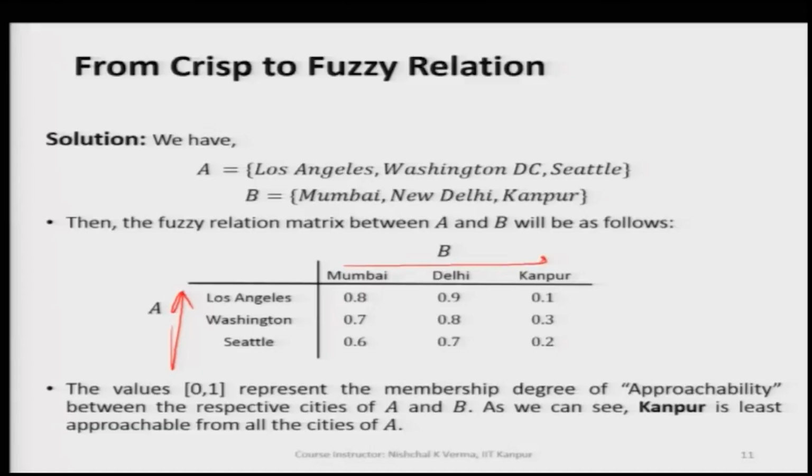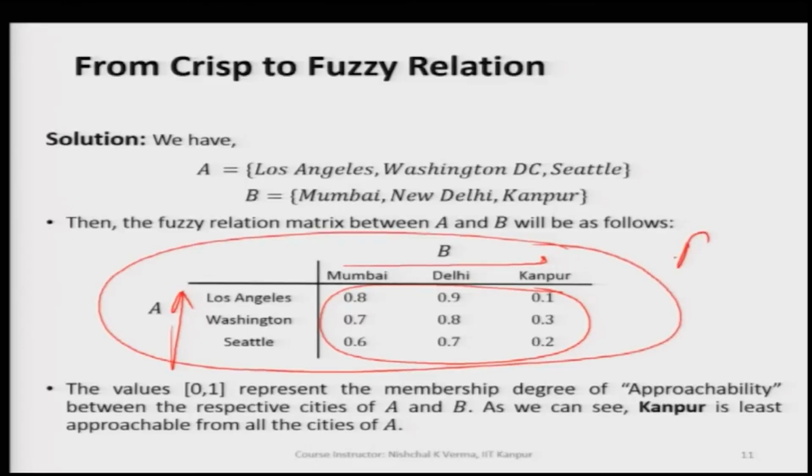The elements here are nothing but the membership values, like 0.1, 0.7, 0.6 in the first column, 0.9, 0.8, 0.7 in the second column, 0.1, 0.3, 0.2 in another column. So, this is nothing but a fuzzy set. When we use fuzzy logic, we can represent the approachability in a very convenient fashion.